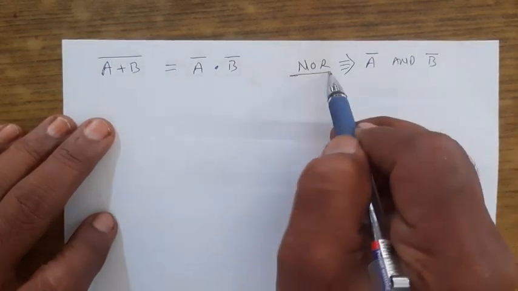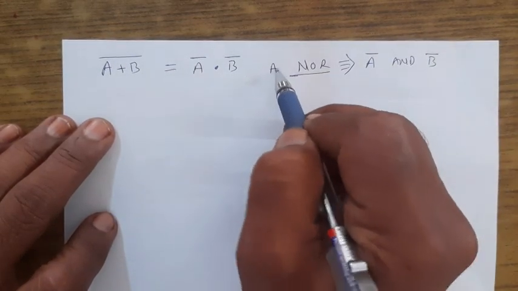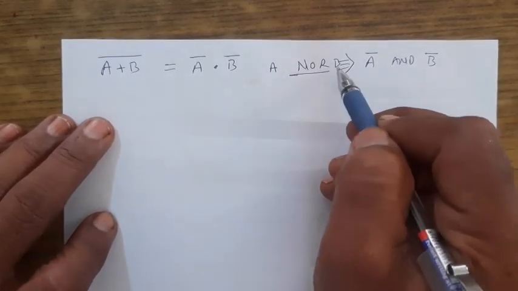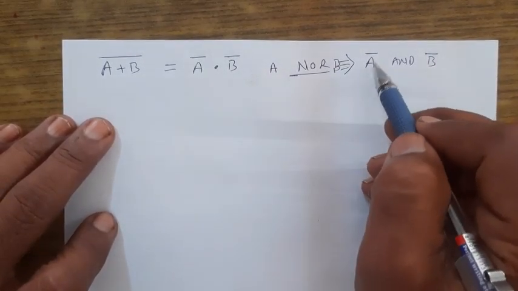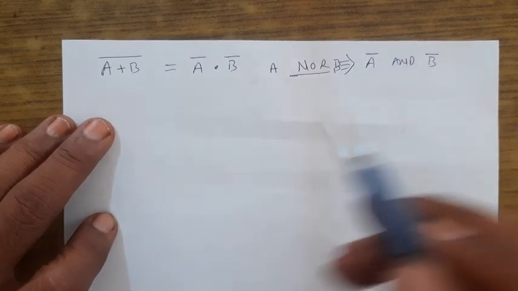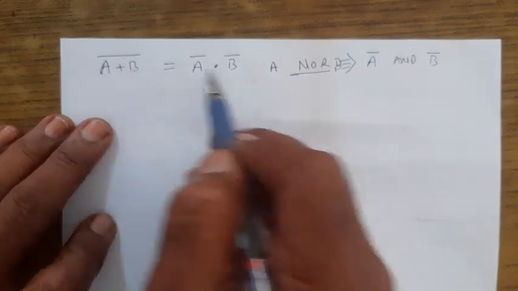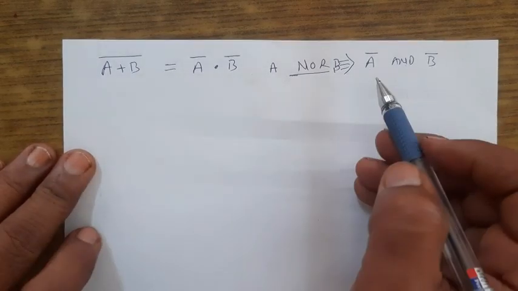Therefore what is NOR? NOR of A and B, A NOR B is equal to A complement and B complement. In short, I can write: break the bond and change the sign. This is one De Morgan theorem.